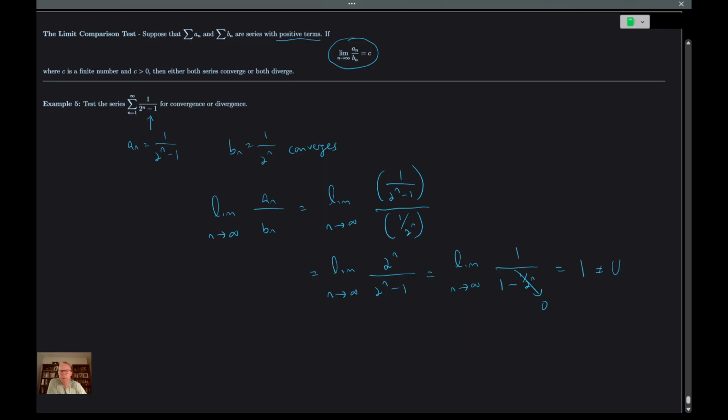This is not equal to 0. It is positive, and it is finite. So since b sub n converges, and the limit is positive and finite, a sub n also converges.